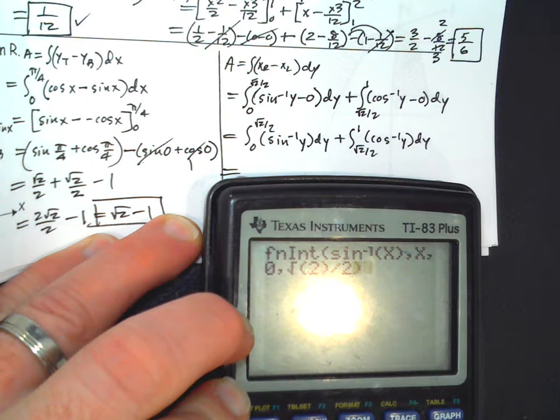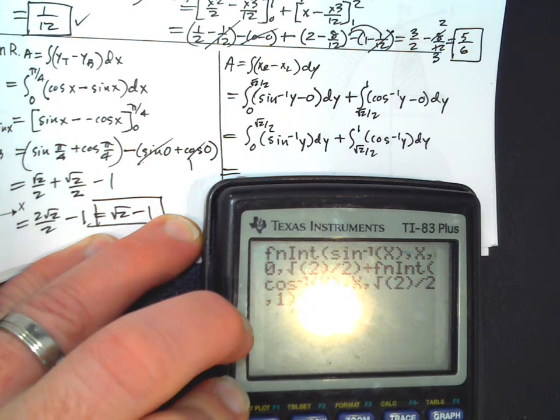So anywhere we see a y, we're going to do an x. So that's the first one. And the next one is I do math 9 again. Math 9, inverse cosine x, comma root 2 over 2, comma 1.